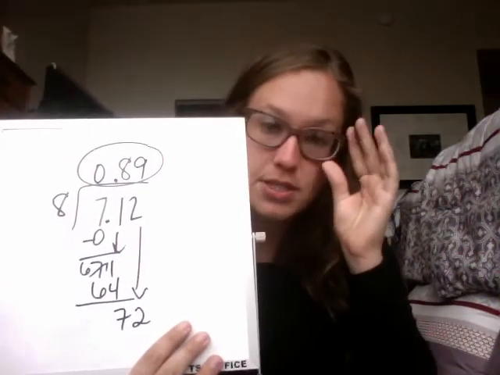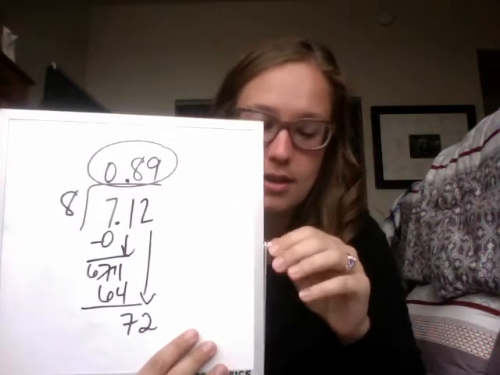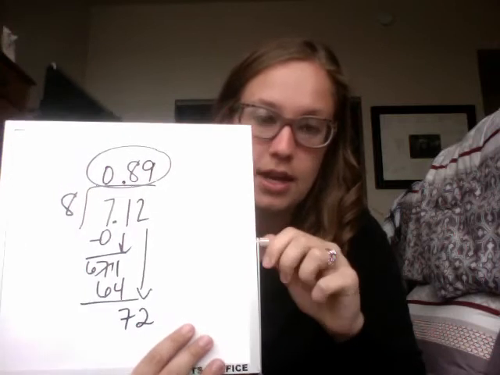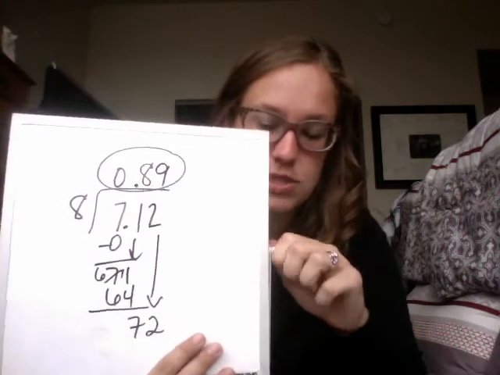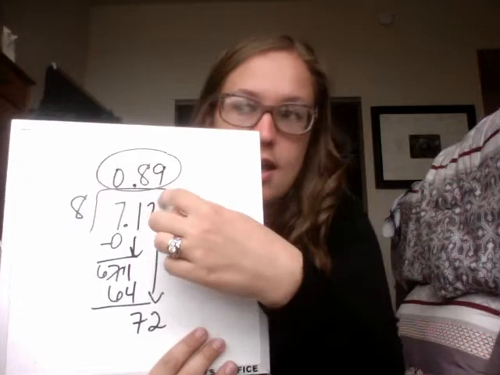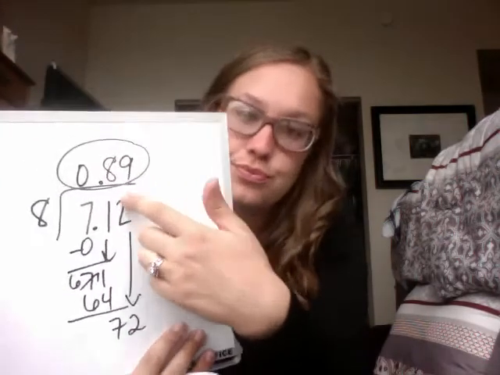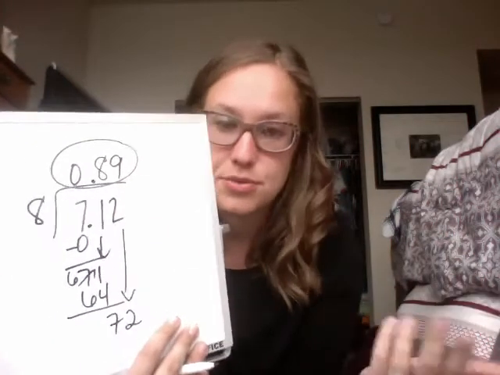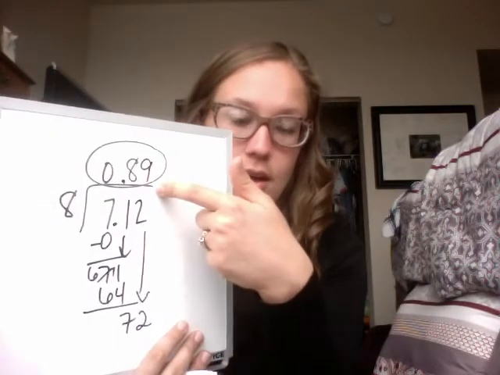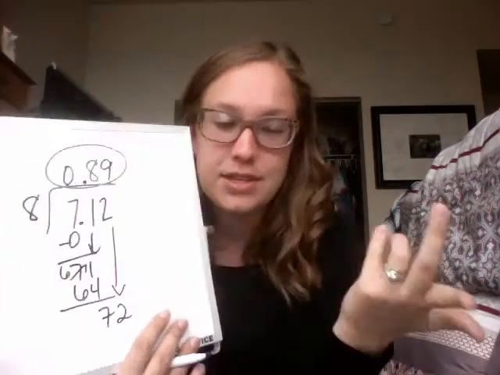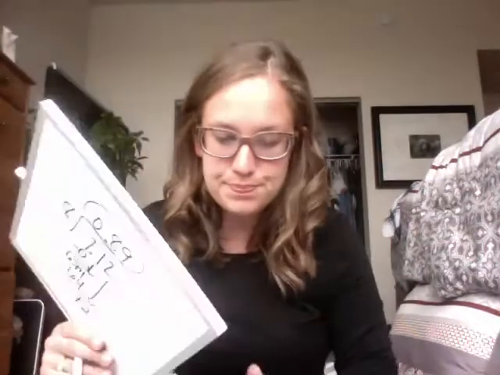Pretty darn close. 0.89. If we were to round that number to the nearest tenths place, 9 is greater than 5. Well, greater than 4, really, because if it was 5, we would also round up. So we would round this to 9 tenths. So it's pretty close.